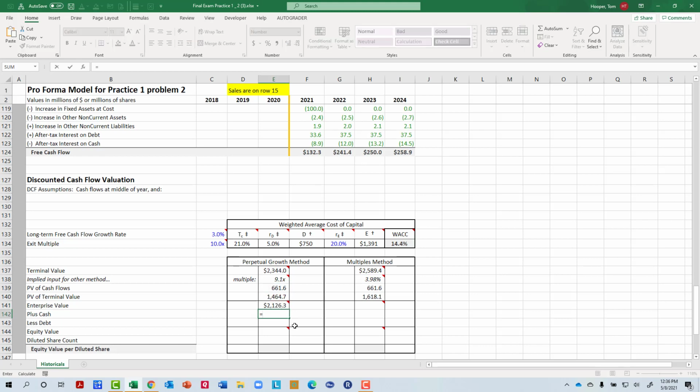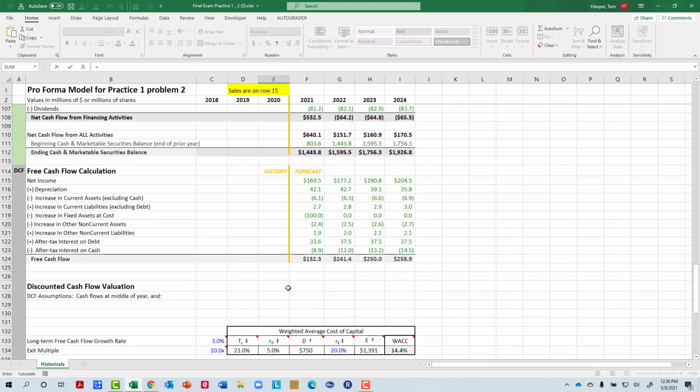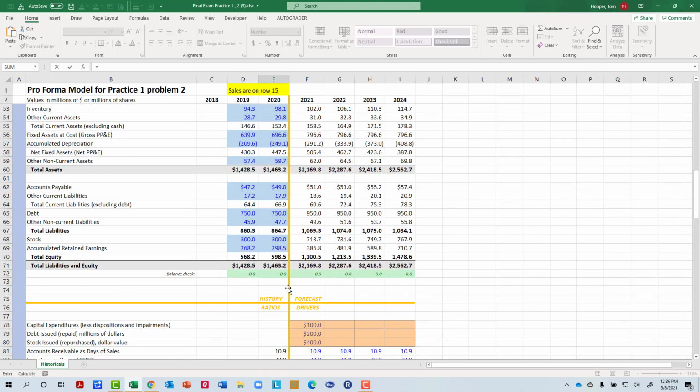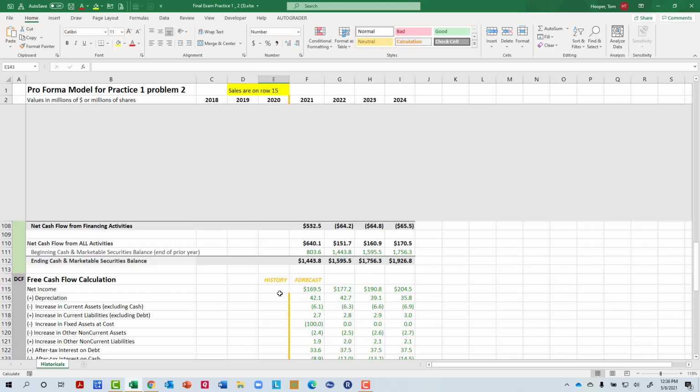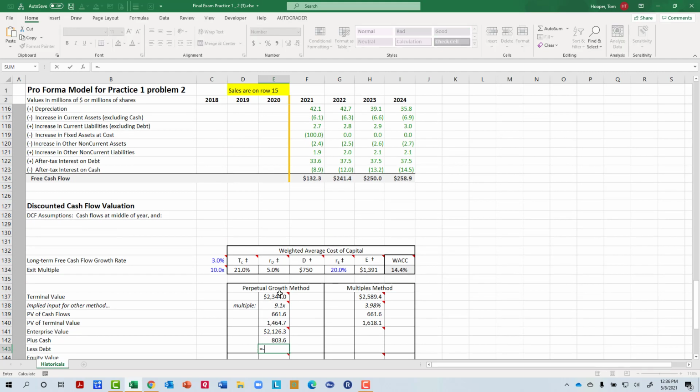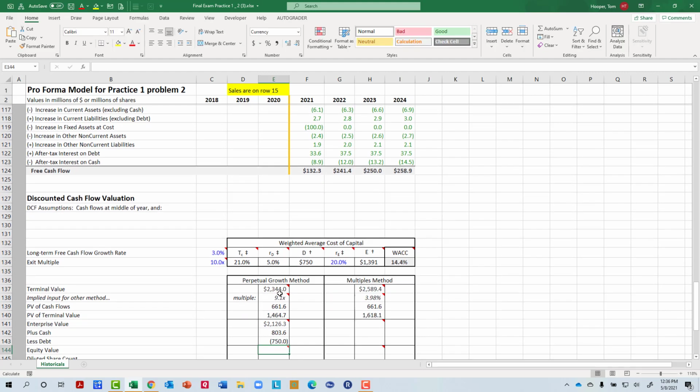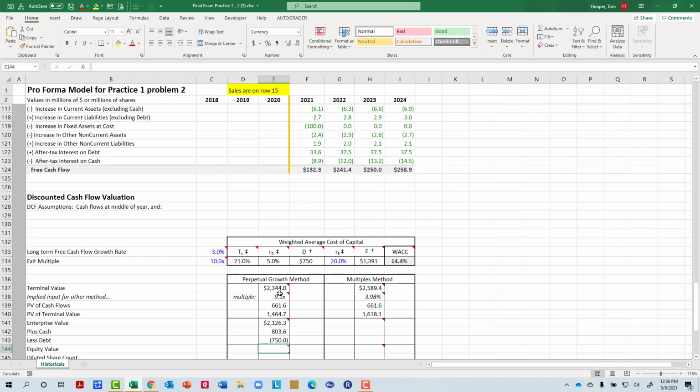I need to add in any debt that I had at the evaluation point. Add in the cash. I'm going to subtract off the debt in E65 minus E65 to get to an equity value.